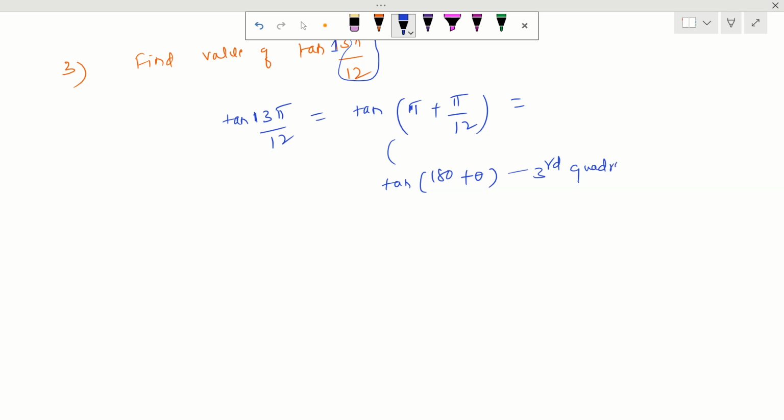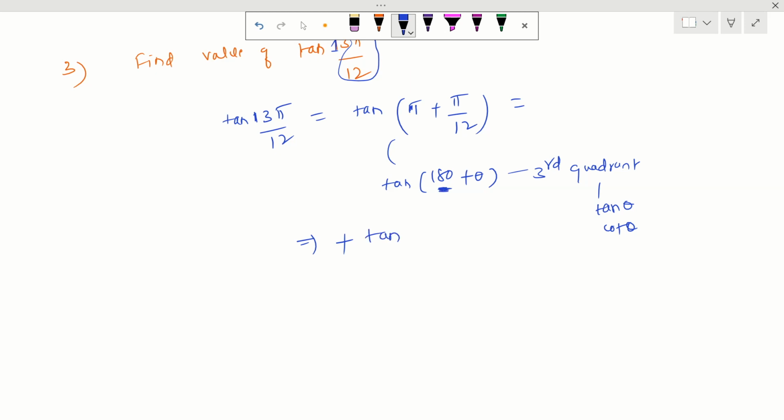We know that in the third quadrant, tan theta and cot theta are positive and the remaining are negative. We discussed that here tan theta is positive, so we will get a positive value. At 180 and 360 degrees, tan is tan only.